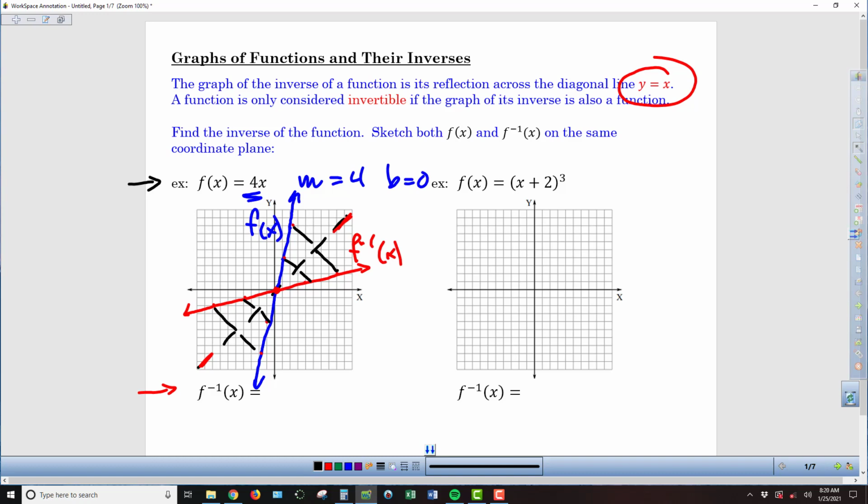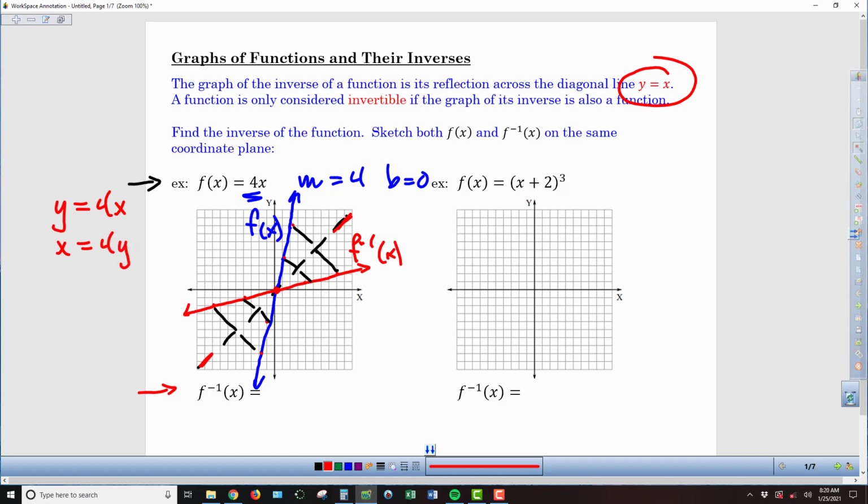Now, we do want to find the equation of that function, and so we can go back to our technique of the inverse function. We can go back to that technique of flip-flopping x and y and solving for y. So remember, the original function is y equals 4x. So if I flip-flop x and y, I get x equals 4y.